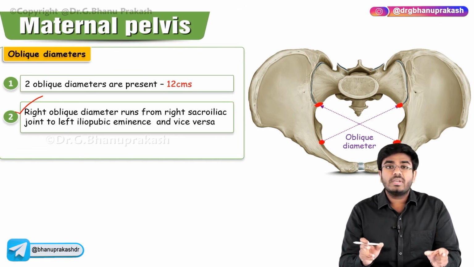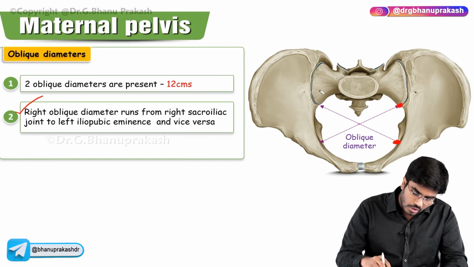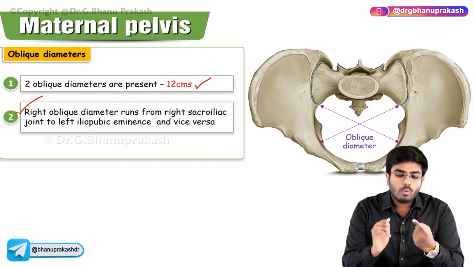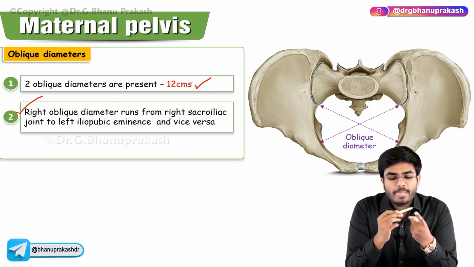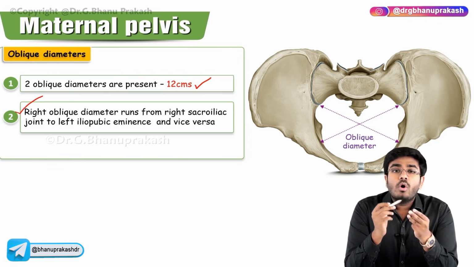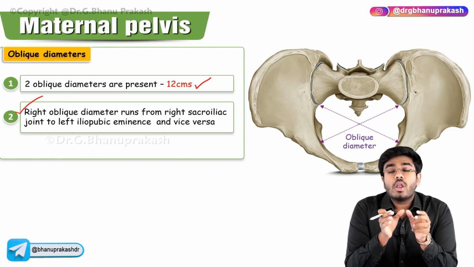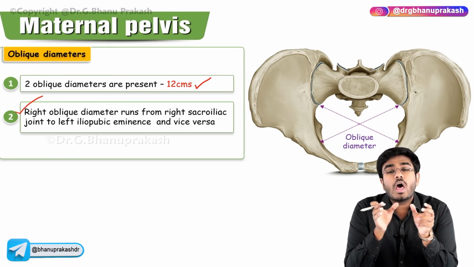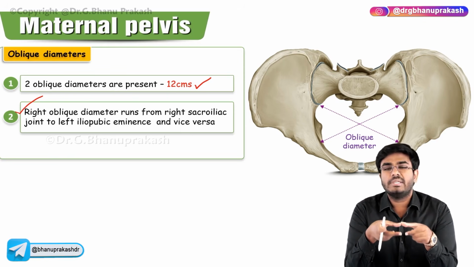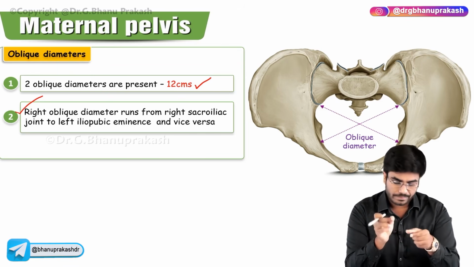The distance between these two points is considered as oblique diameters, and oblique diameters will be somewhere around 12 centimeters. Again I am repeating, out of anteroposterior, transverse and oblique diameters, which diameters are the largest in the pelvic inlet? It is always transverse diameters, transversely oval.